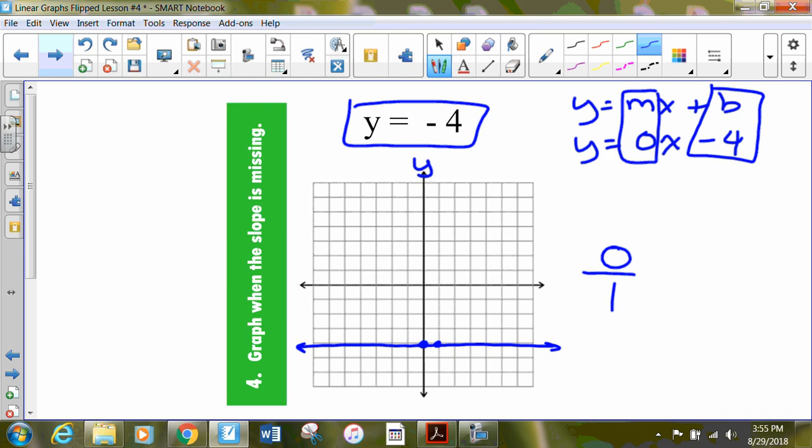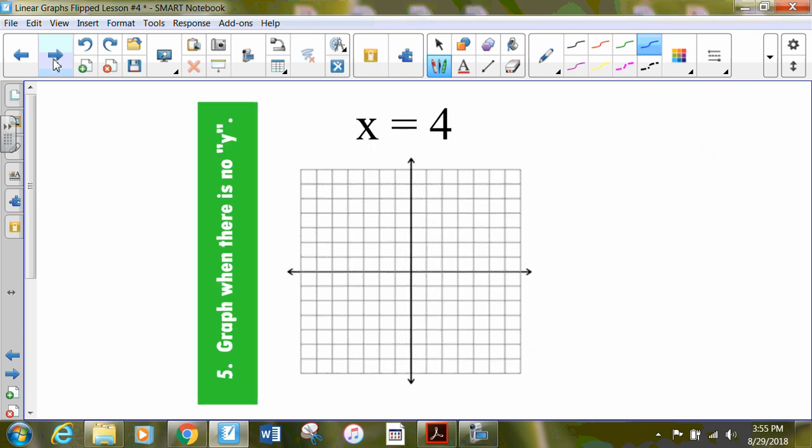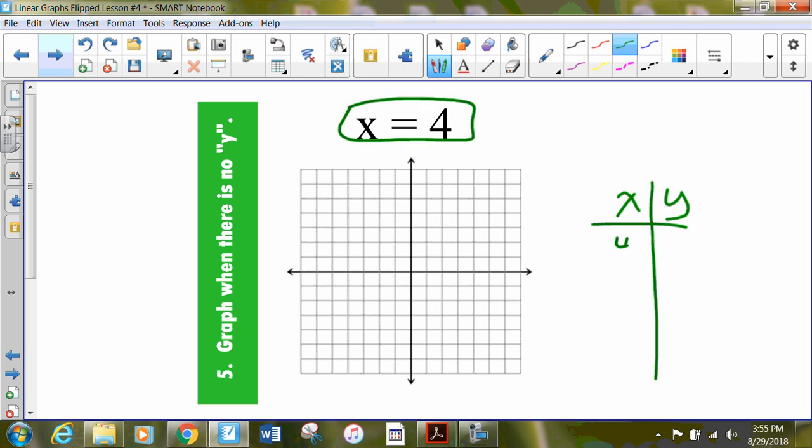We also know that y equals just a number. When that's an integer there, that -4 is considered an integer, it's just a horizontal line. And then we talked about what happens when we have x equals. Well, if y equals is a horizontal line, then it makes sense that x equals would be a vertical line. And I showed you when I taught this that we would set up a table. If x equals 4, that means no matter what, that's all x can be.